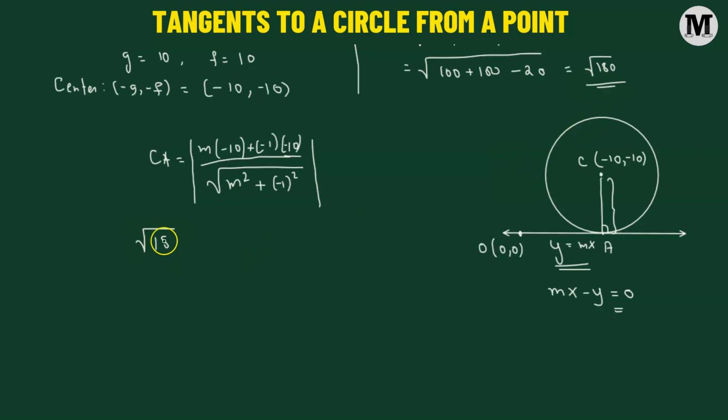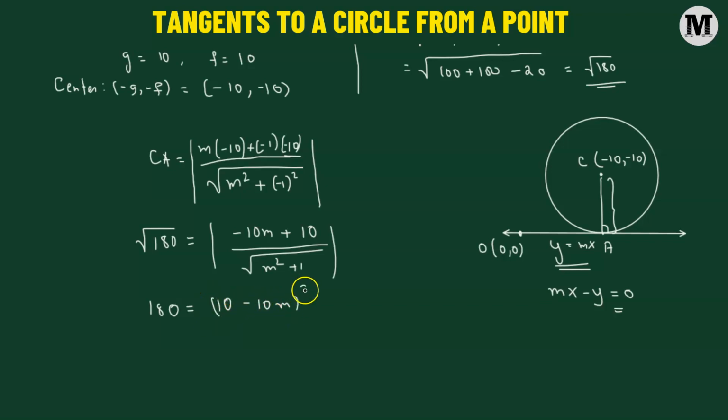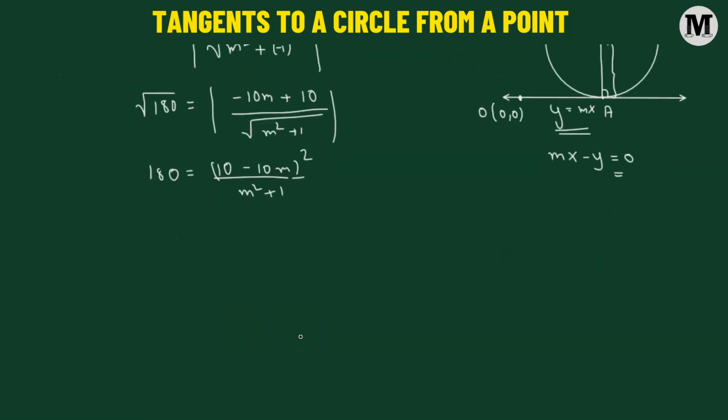So square root of 180 equals the absolute value of negative 10m plus 10, divided by square root of m squared plus 1. Let's square both sides. We get 180 equals 10 minus 10m whole squared divided by m squared plus 1. We're going to cross multiply.